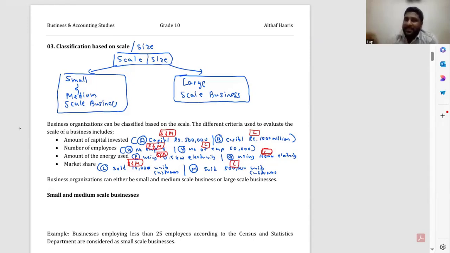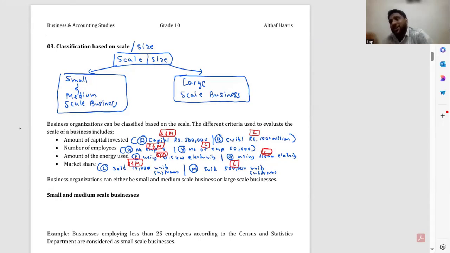Now you just think and see. If we compare Sri Lanka dialogue with a grocery shop, uncle's shop is very small. Dialogue is huge.